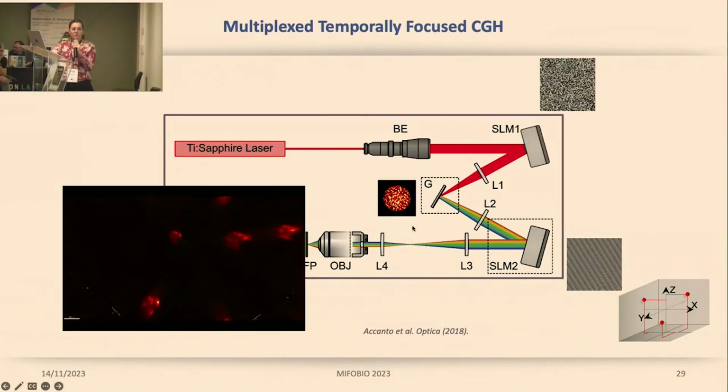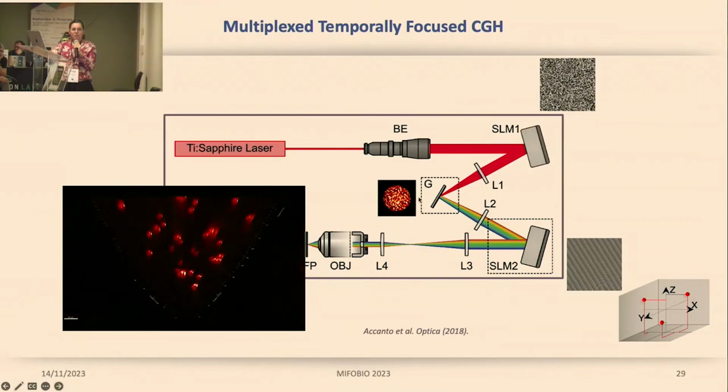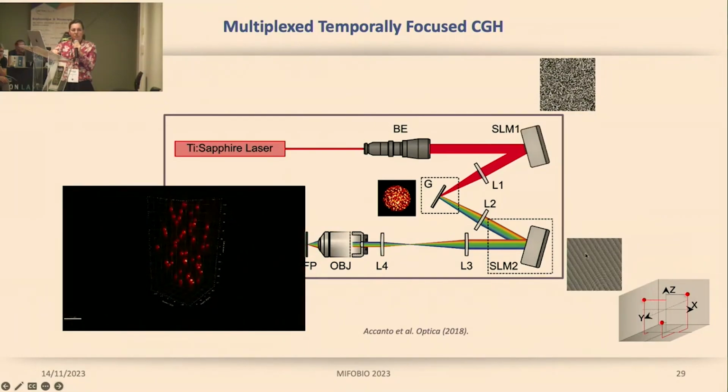And this we can do more simply by having our first SLM projecting a pattern and the second SLM performing basically a cloud holography, so just diffraction-limited spots. And this first spot is then multiplexed in the different positions that are encoded by the second SLM.